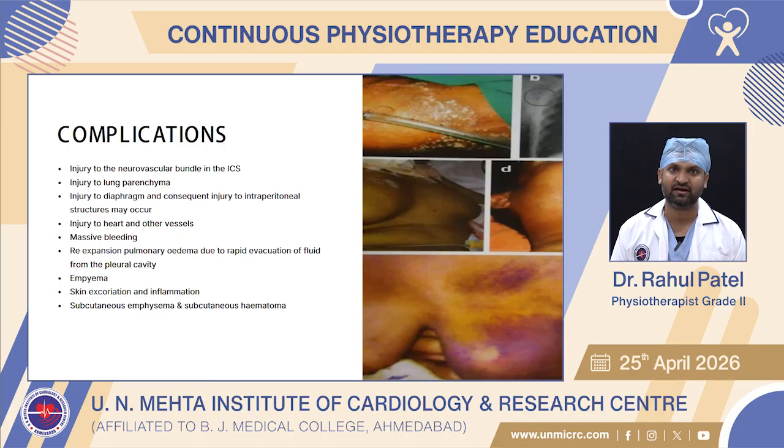Injury to the heart and other vessels, massive bleeding, re-expansion pulmonary edema due to rapid evacuation of fluid from the pleural cavity, emphysema, skin excoriation and inflammation, subcutaneous emphysema and subcutaneous hematoma.